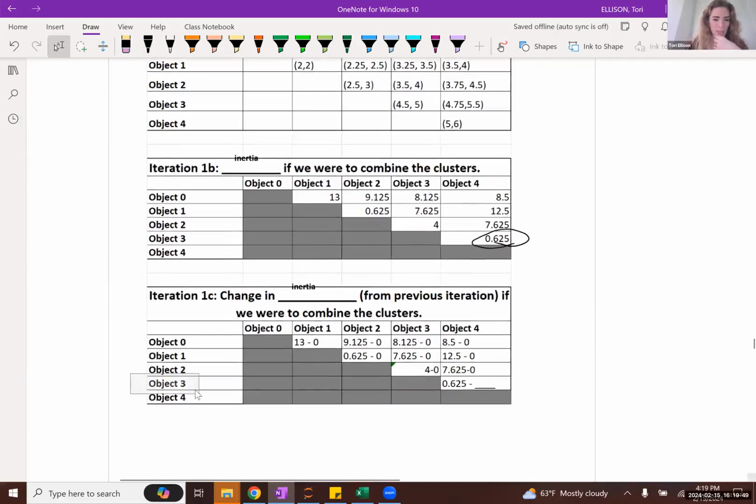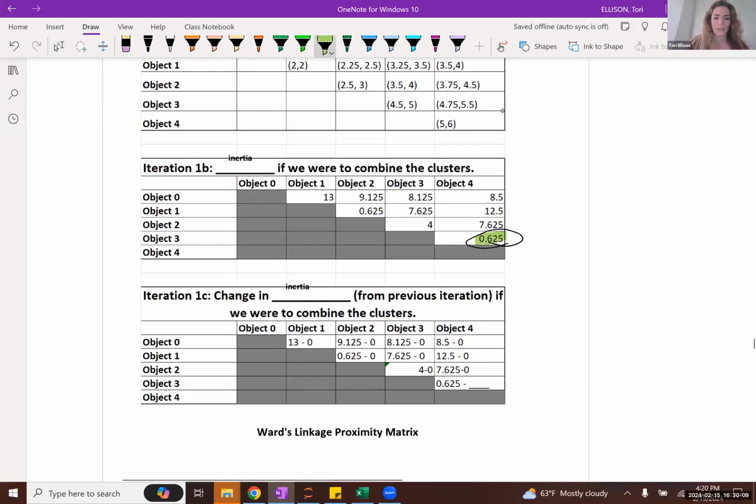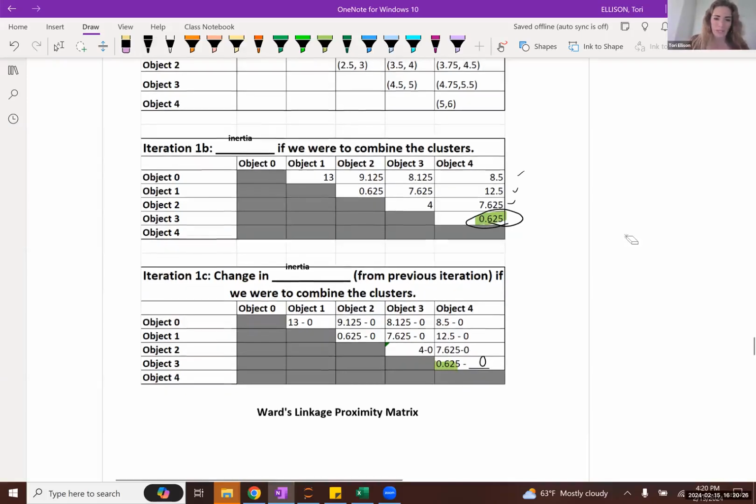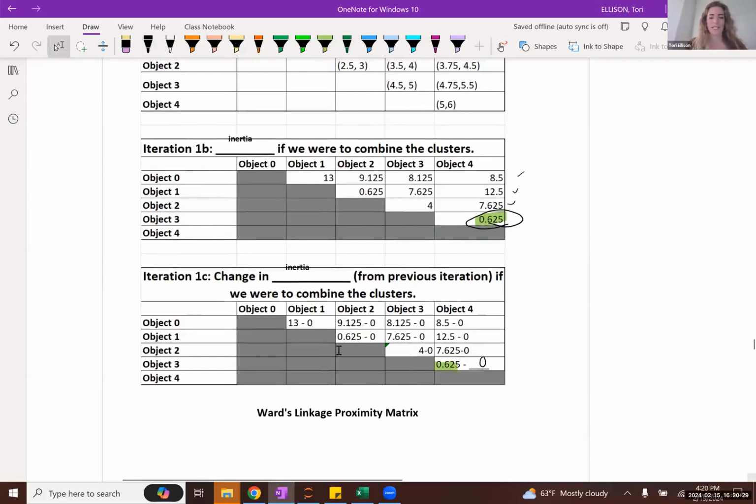So for instance, the distance between cluster 3 and cluster 4 in our Ward's linkage proximity matrix above is this new clustering inertia of 0.625 minus the old clustering inertia of 0. Basically, all of these new inertia values would be subtracted by the 0 of the old inertia.